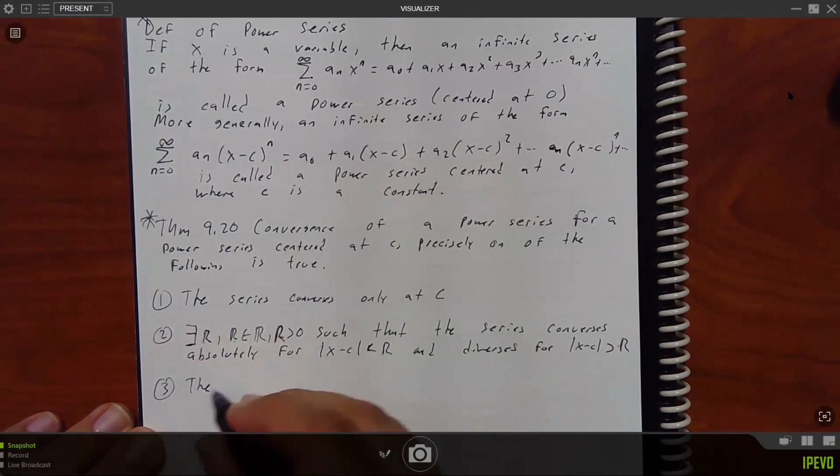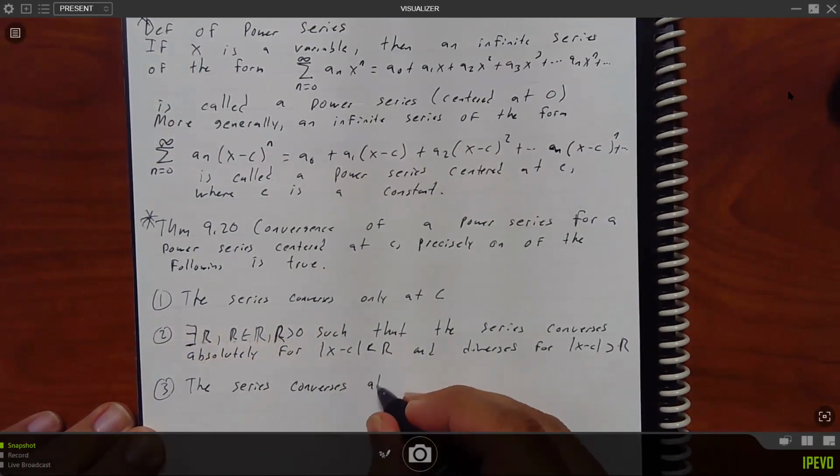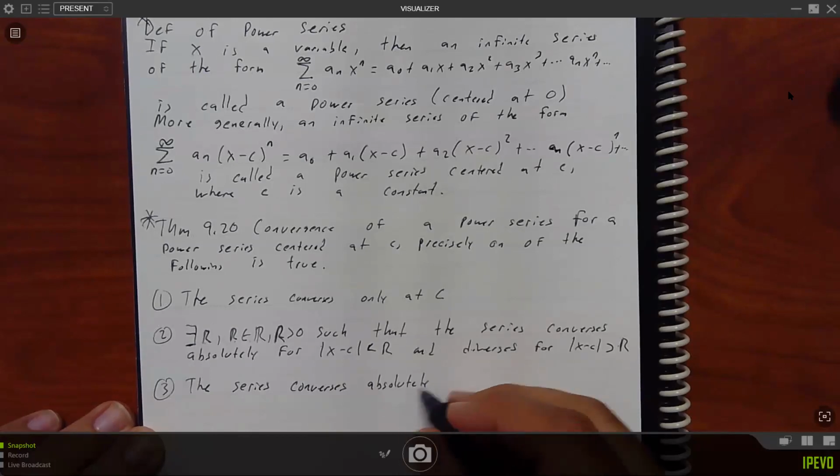Number 3, the series converges absolutely for all x.